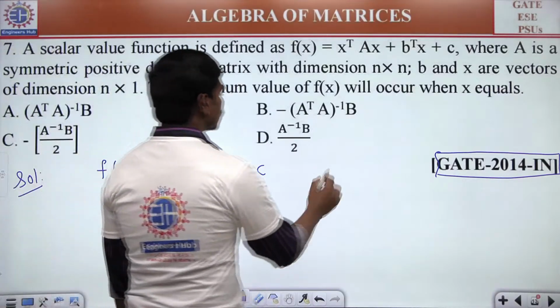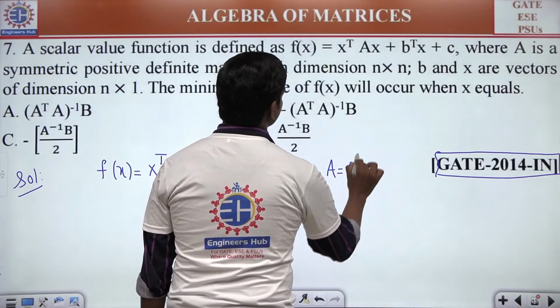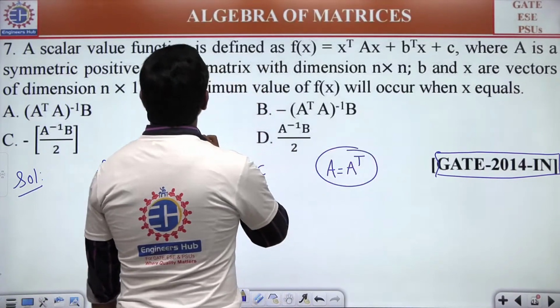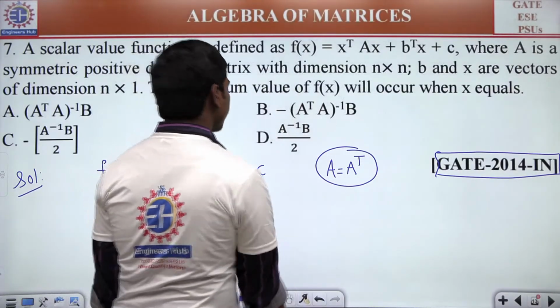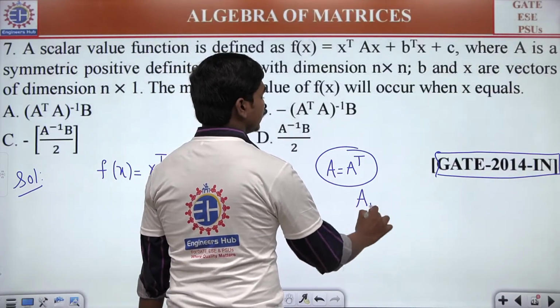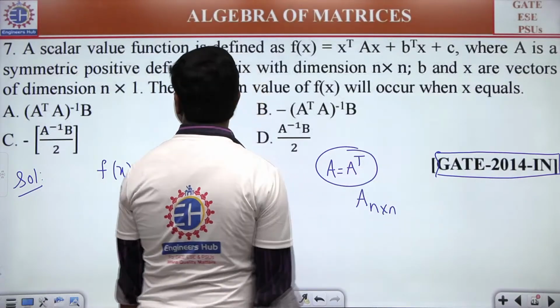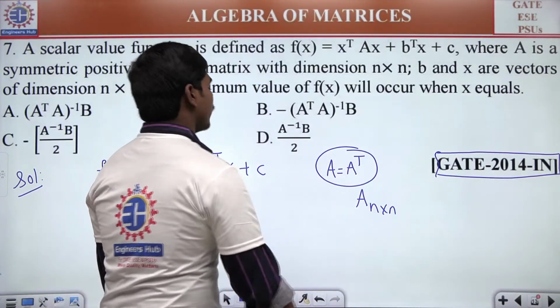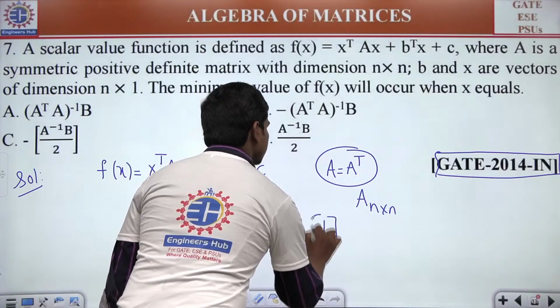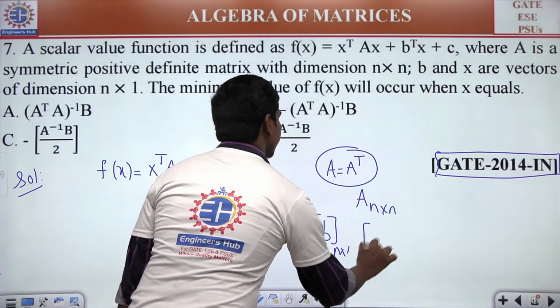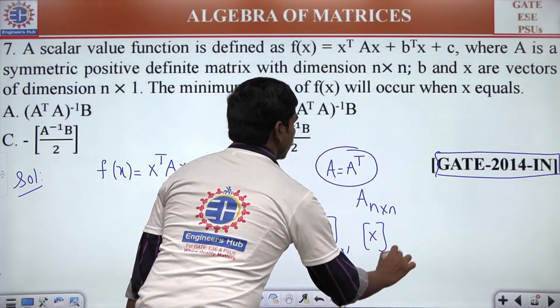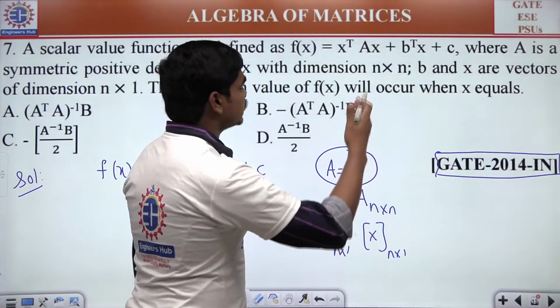So A is symmetric, okay, so A is equal to A transpose. This is what they have given, with dimensions n by n. B and x are vectors of dimensions n by 1. Okay, so this B has a size of n by 1 and this x is also of size n by 1. And of course C is a scalar.